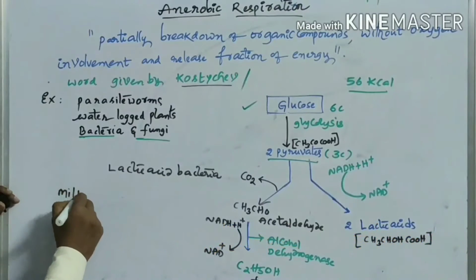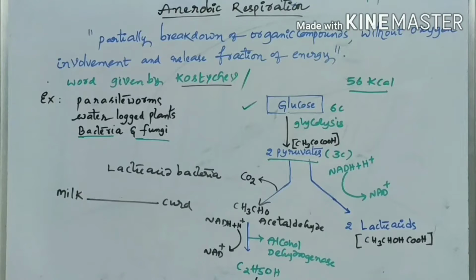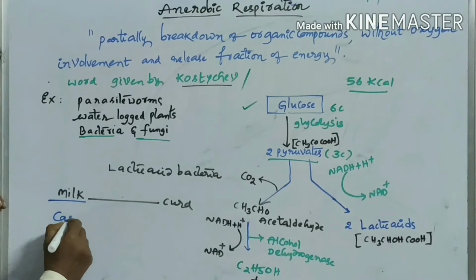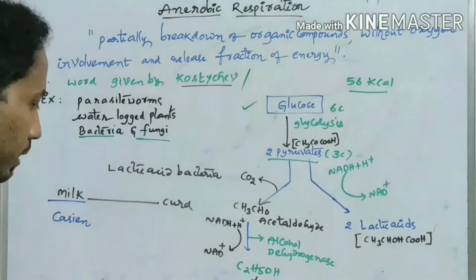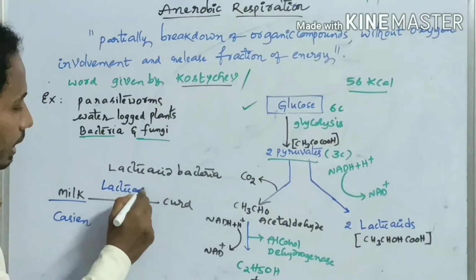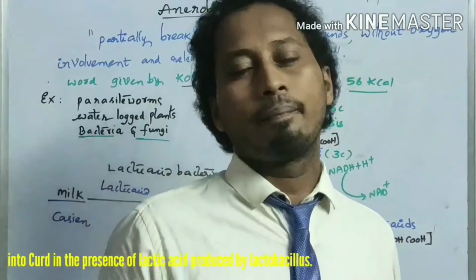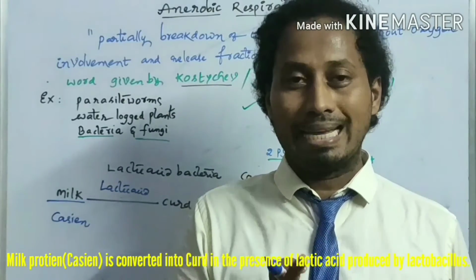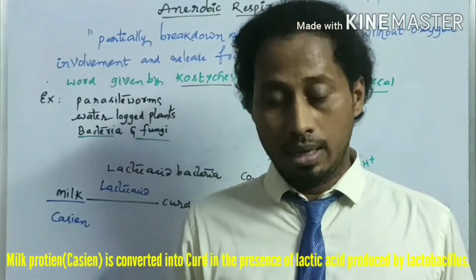The milk contains casein protein, which is a globular protein. When the lactic acid bacteria, naturally present in milk, act on it, the milk protein casein is converted into curd.